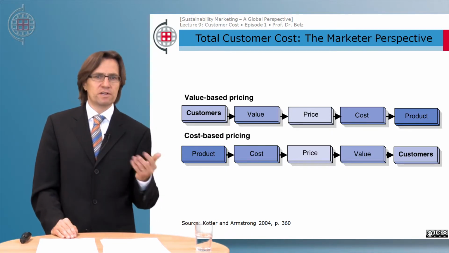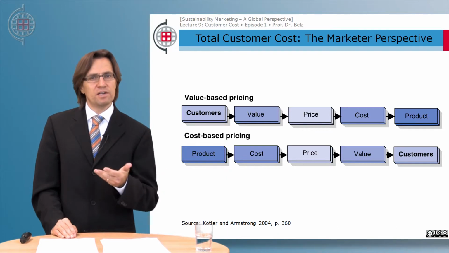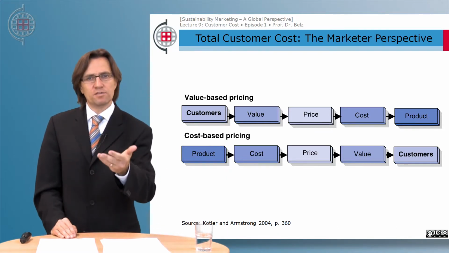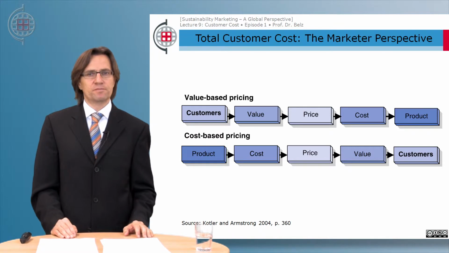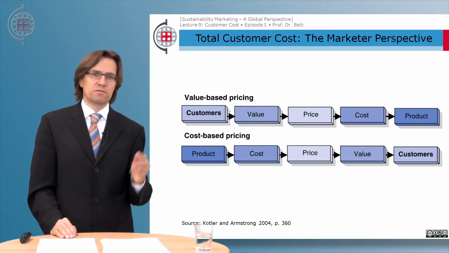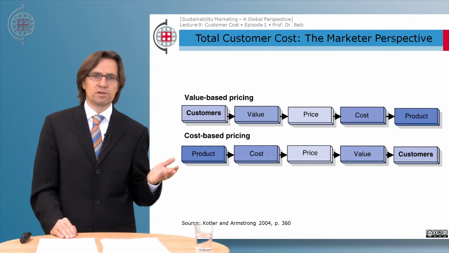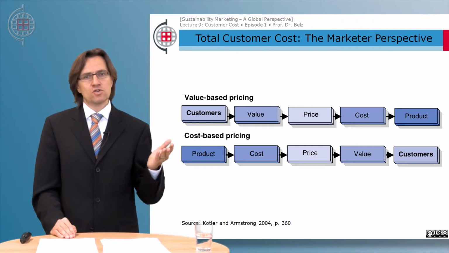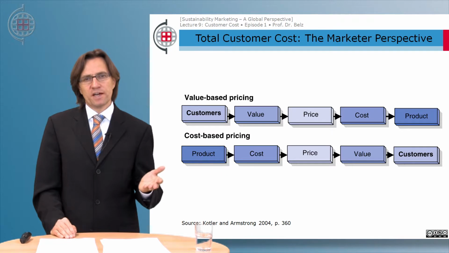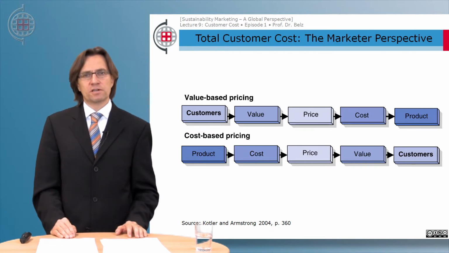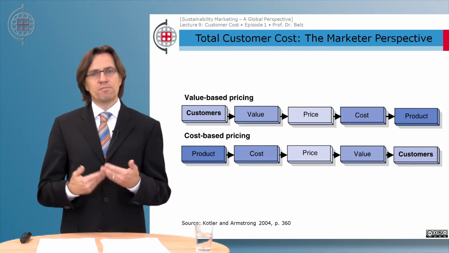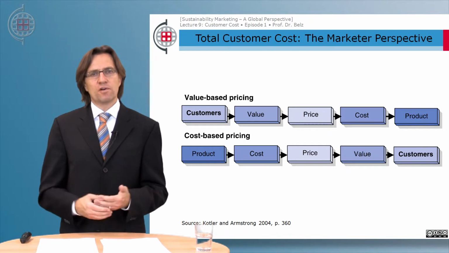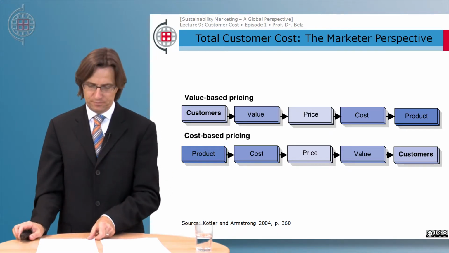Value-based pricing starts with the customer and how he values the product and what he is willing to pay for the product. Cost-based pricing starts with a product and the cost of a product, what it takes to manufacture and to distribute the product. And then the company would go from there. So it's a kind of cost-based pricing.